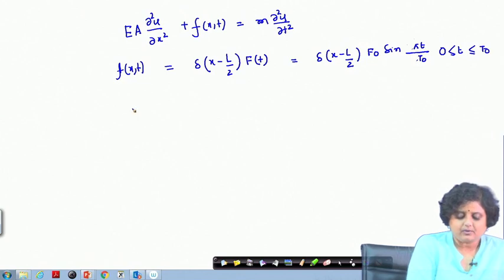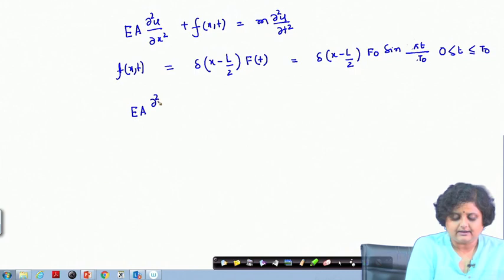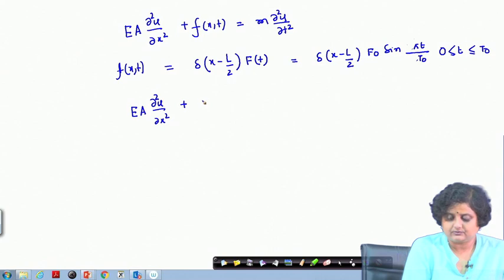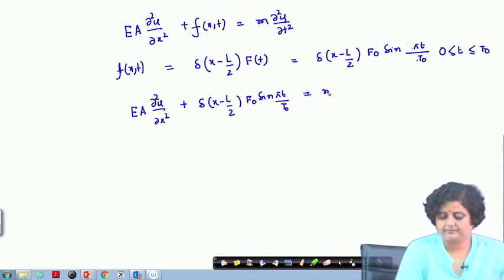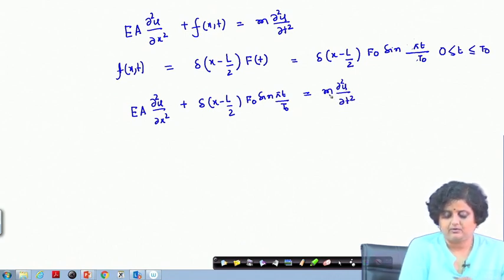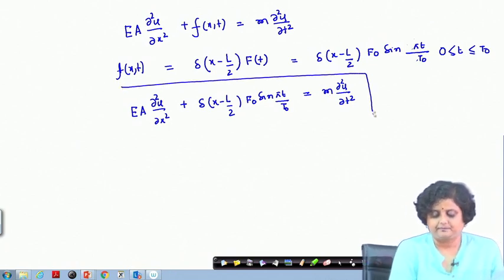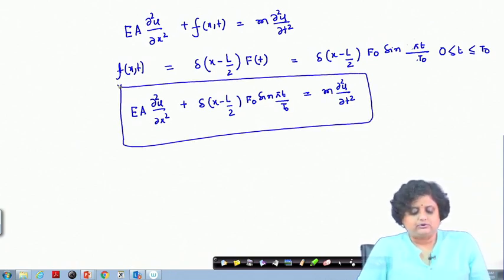So, my equation of motion now becomes EA del 2 u by del x square plus the force term.